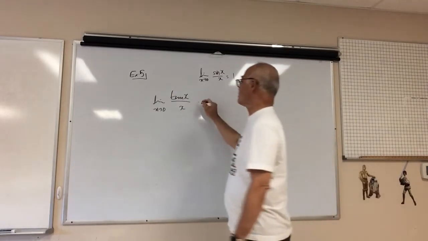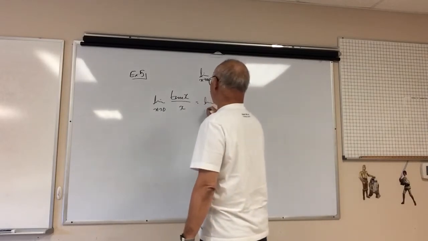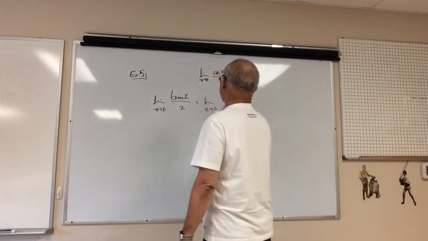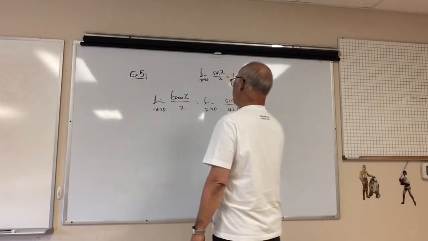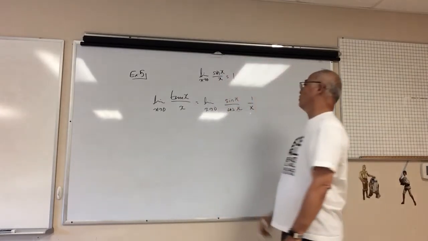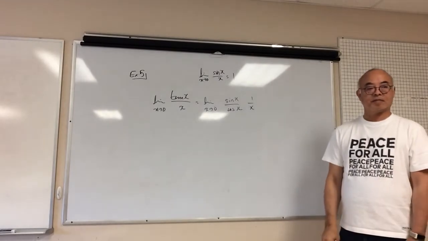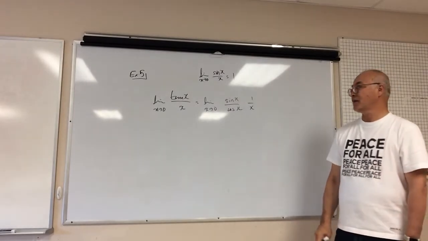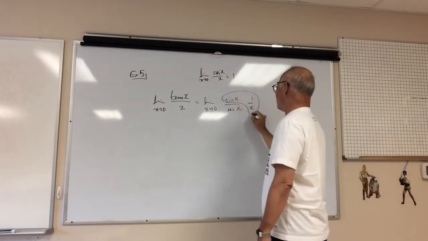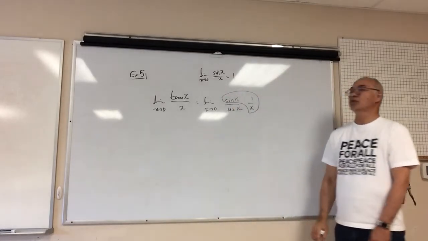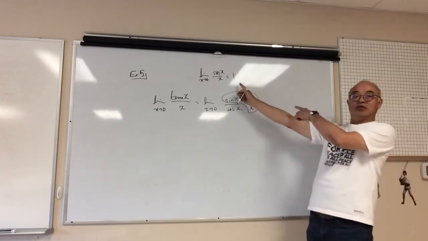The way we're going to do this is we're going to say tangent x is actually sine x over cosine x, over x. And I know that the sine x over x part approaches 1.